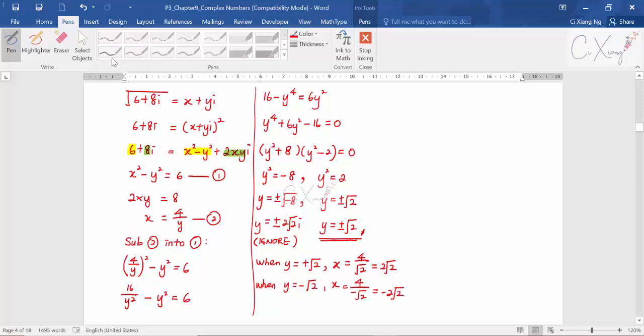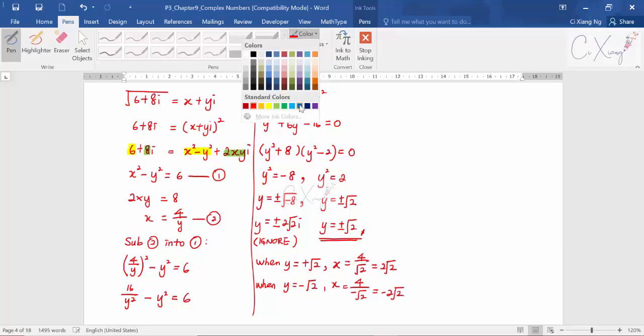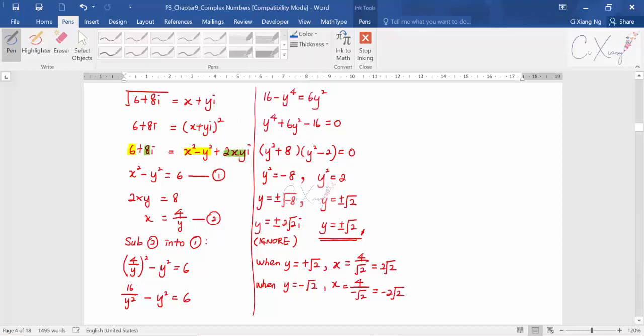Just in case you don't know how I get the x equals to 4 over square root 2, you get it from here. You substitute it back into this equation to get the x. Once you get the x and y already, from here you can write out your answer for the square root of the complex number. So you can write it out like this.